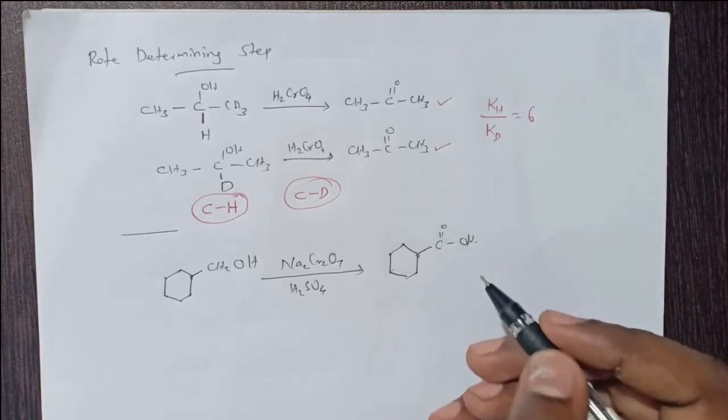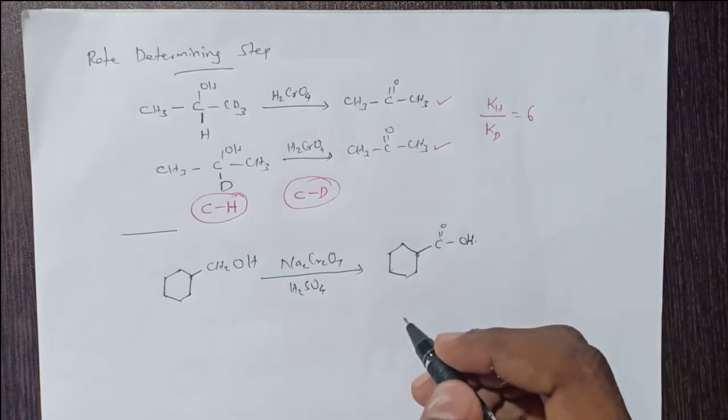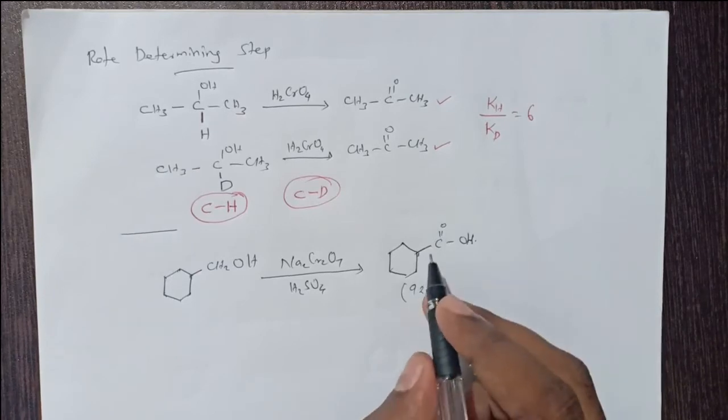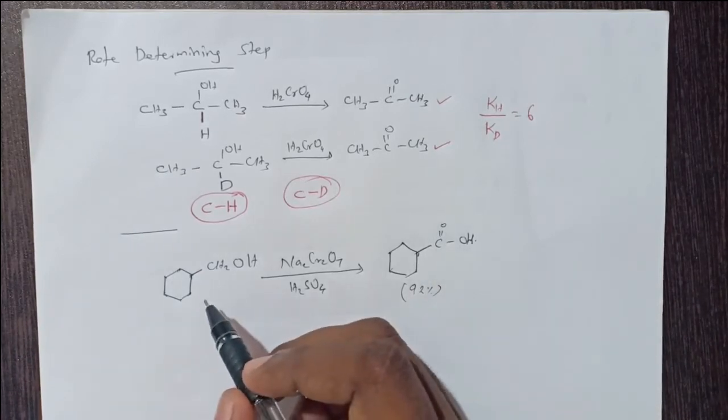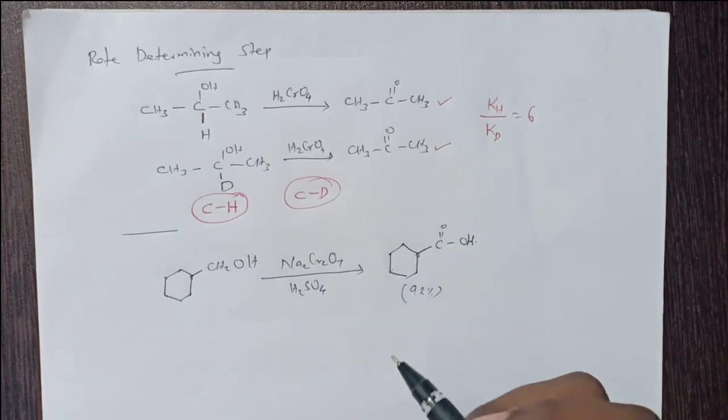This is cyclohexane carboxylic acid, in almost 92% yield, with cyclohexylmethanol as the substrate.